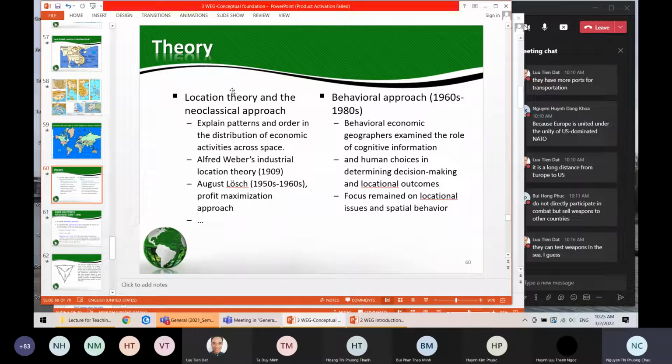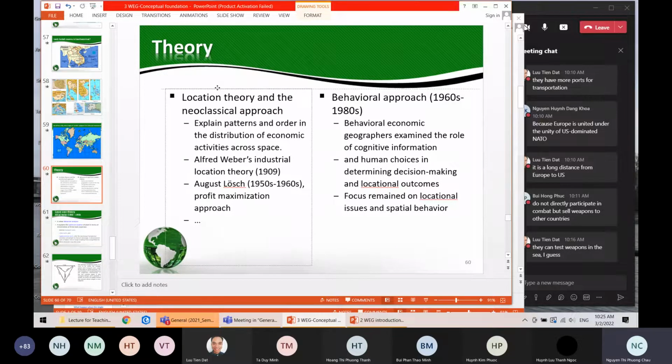Economic geography theories we will divide into two groups. In the first group, the theories are mainly based on physical geography, and the second group mentions other aspects, like we already mentioned about geography, not only physical but also social, cultural, political, and so on.